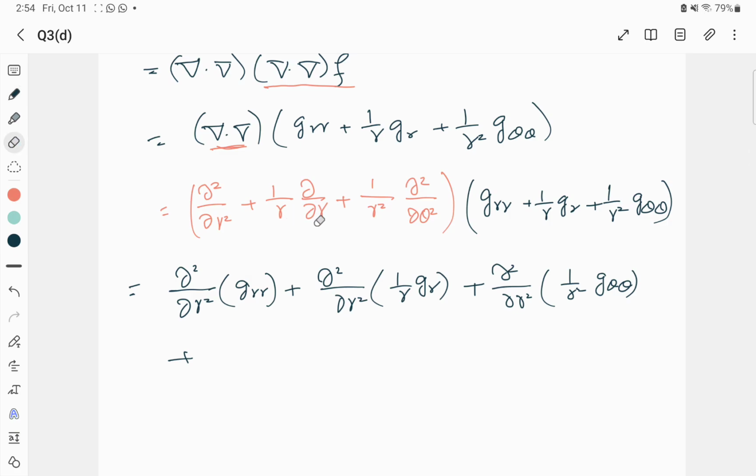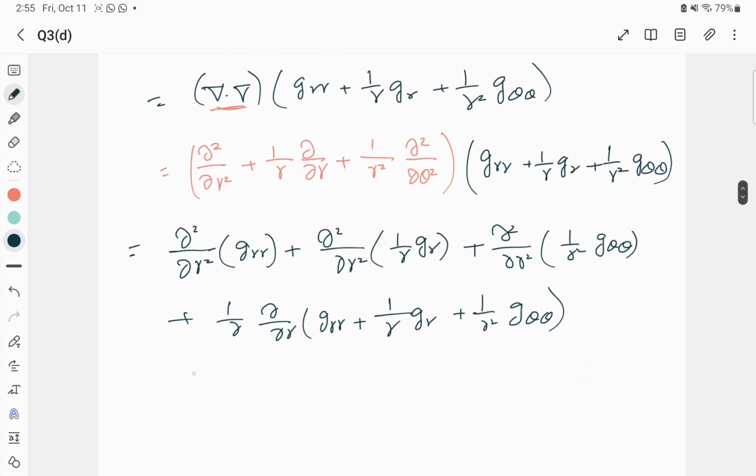Similarly, the second will be applied over here, so it will be 1 over r partial over partial r applied on this g_rr plus 1 over r g_r plus 1 over r square g_theta theta. I just distributed it combinedly.